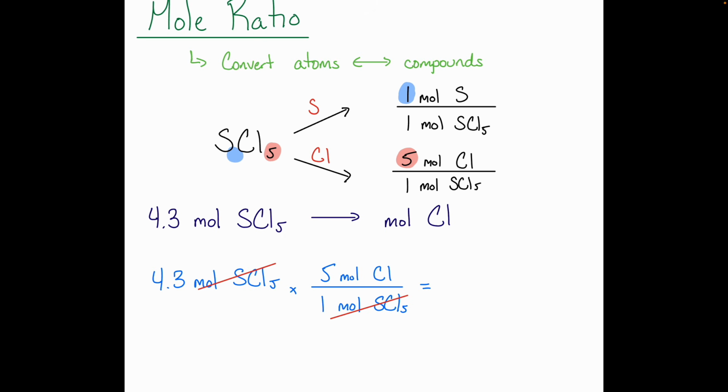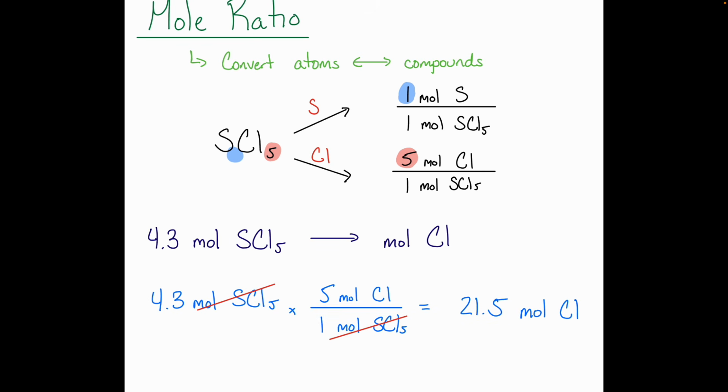My calculator spits out 21.5 moles of chlorine, and now it's time to do our sig figs. 4.3 moles has how many sig figs? 2 sig figs. So then what about these mole ratios here? Mole ratios are always going to be exact quantities.